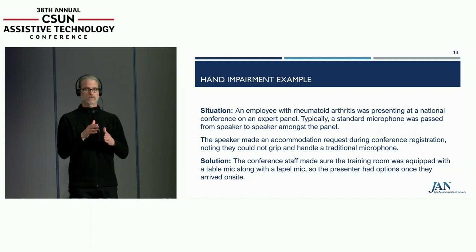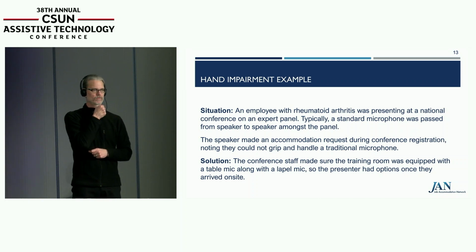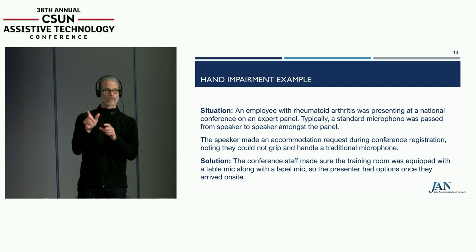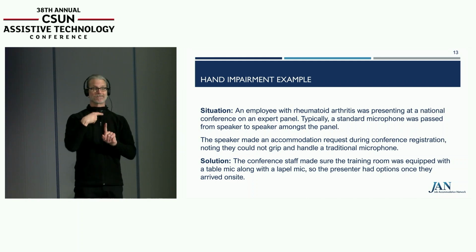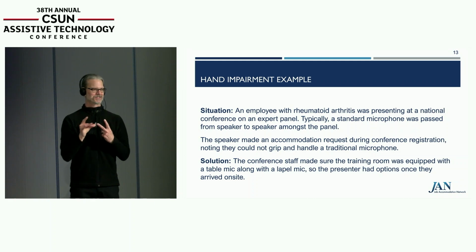She wrote in her conference registration materials that she would require accommodation because she could not grip or handle a traditional microphone. And so in this particular case, the conference staff made sure that the training room was equipped with a table mic along with a lapel mic so that the presenter had options once they arrived on site.